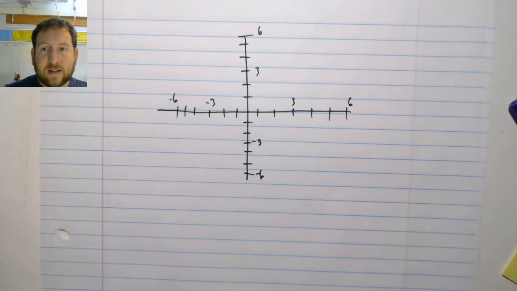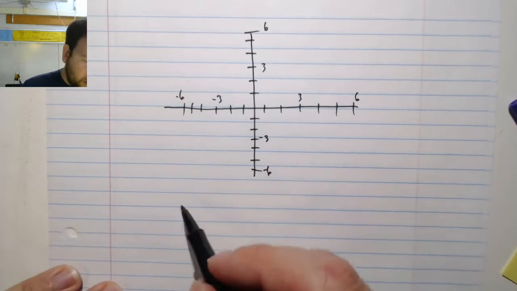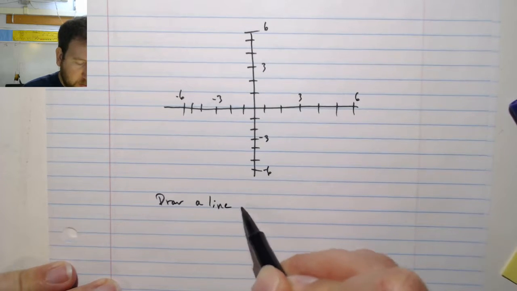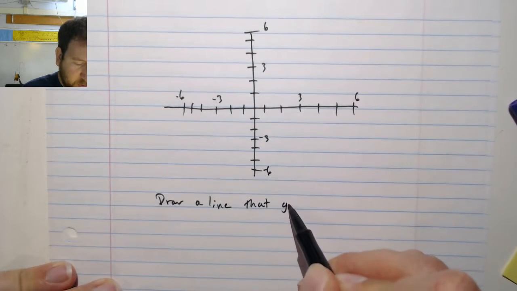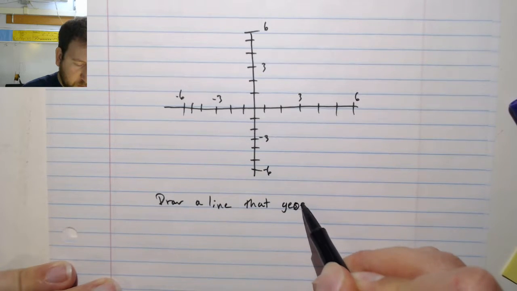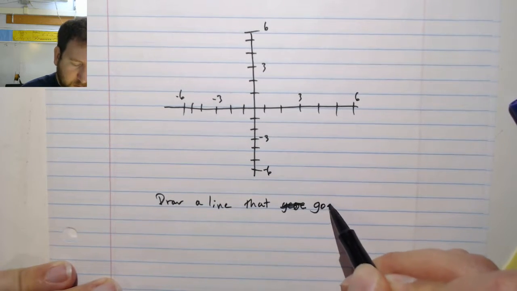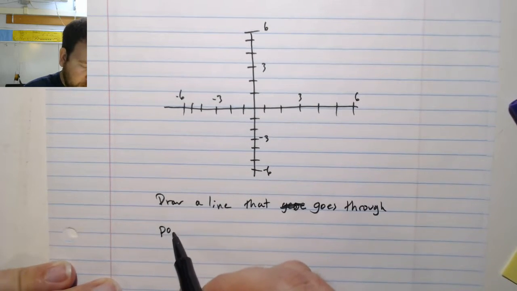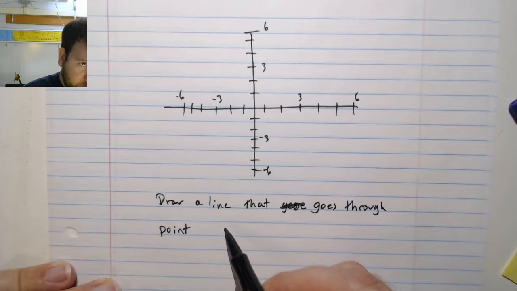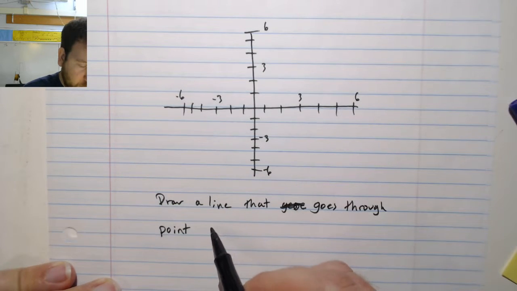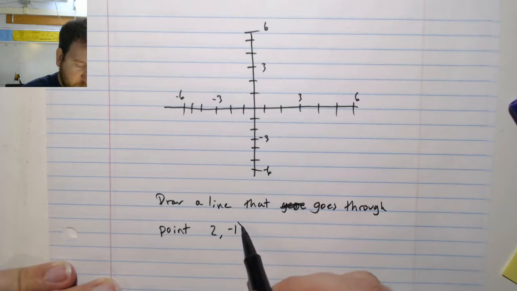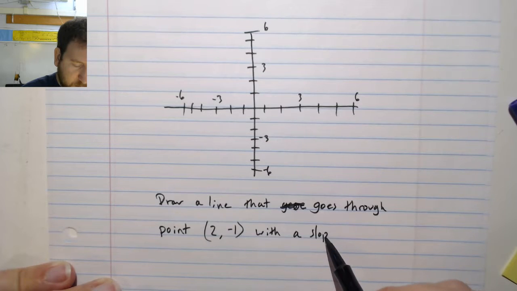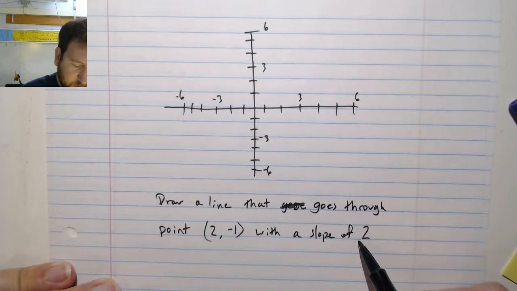So it might say, draw a line that goes through point 2, comma negative 1 with a slope of 2.